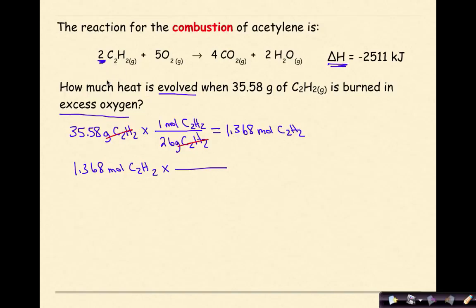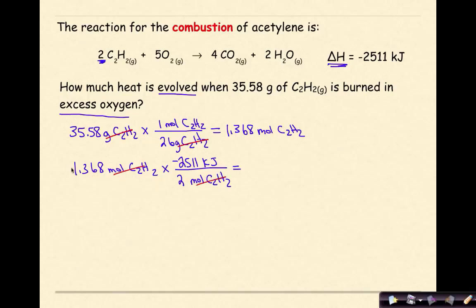That's basically telling me that for every 2 moles of acetylene burned in excess oxygen, this is the overall amount of energy released. So I need to put a 2 on the bottom here, so 2 moles of C2H2 over negative 2,511 kilojoules. And again, like I've done before, moles cancel moles.